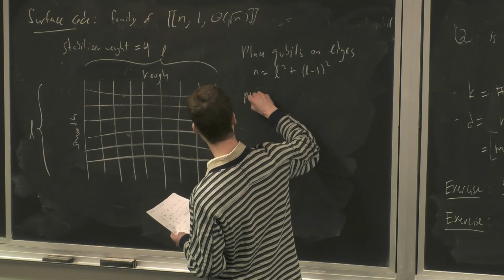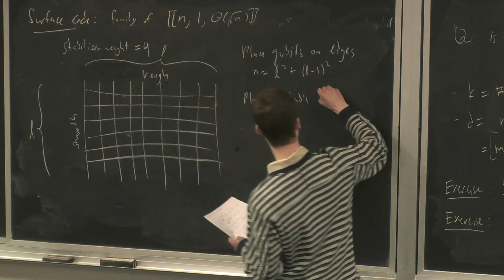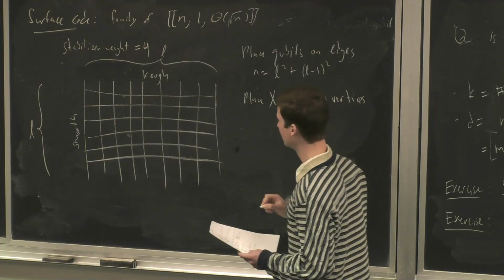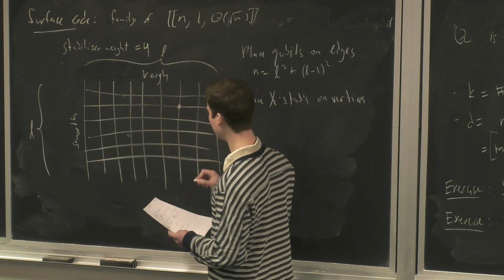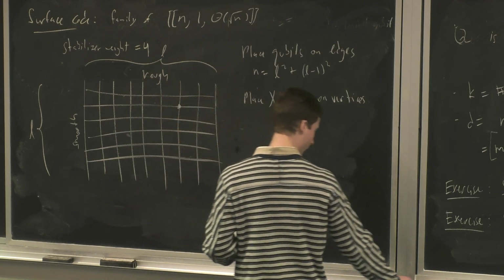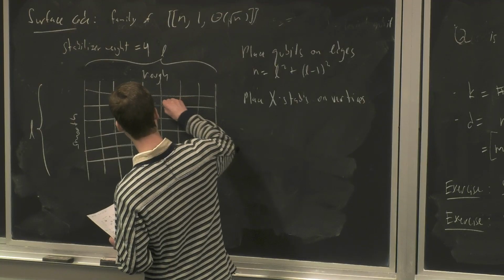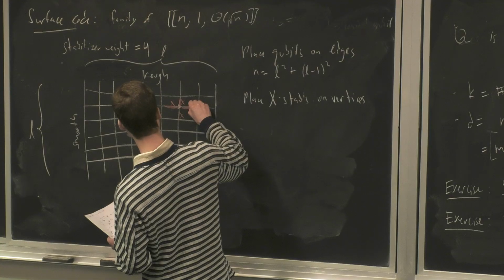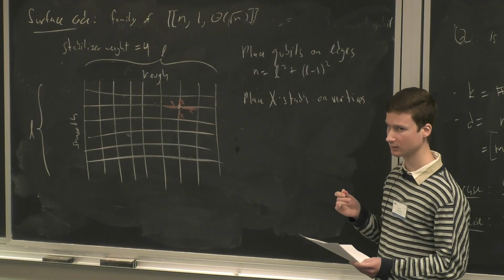We place X stabilizers on vertices. So essentially, most vertices are touching 4 edges. And so we can just define a tensor product of 4 Pauli X's, just X tensor X tensor X tensor X on these 4 edges touching the vertex.